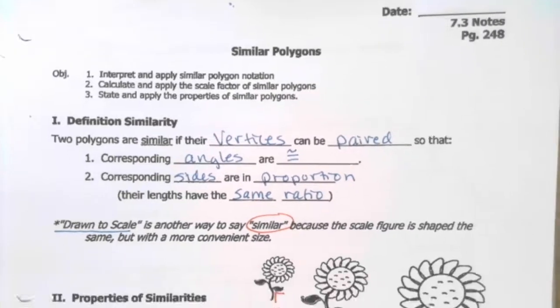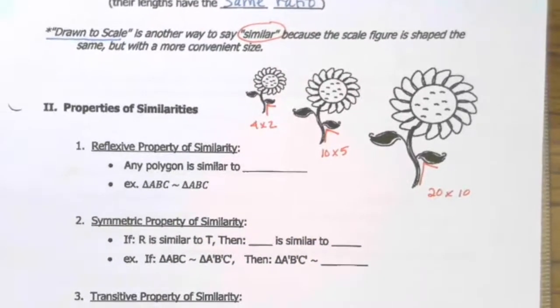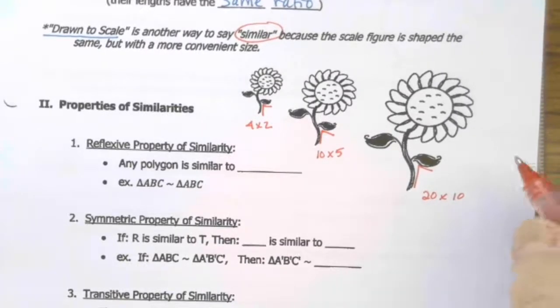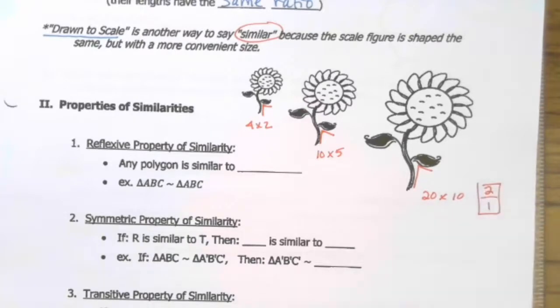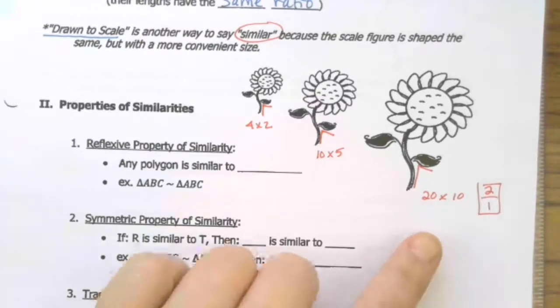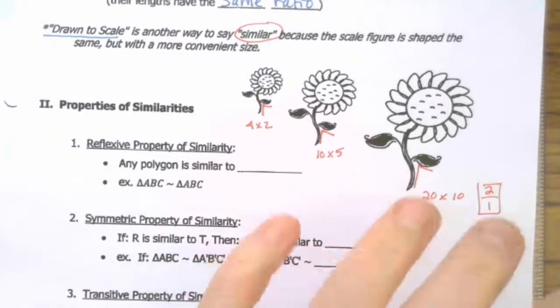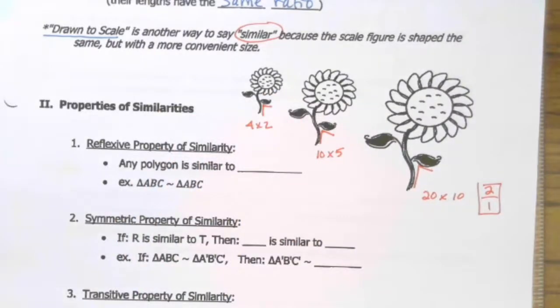In all three of these figures, the stem to leaf reduces to 2/1. So 2/1 is the scale factor, and they are indeed similar.